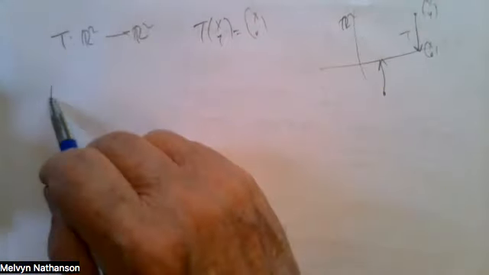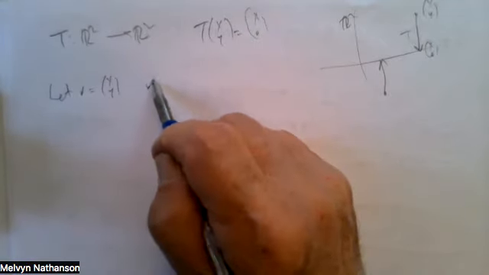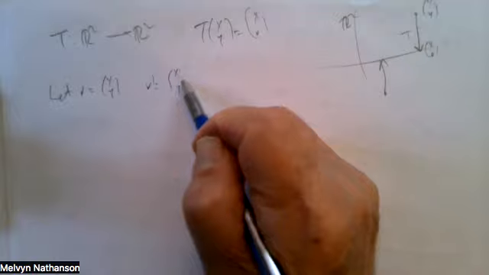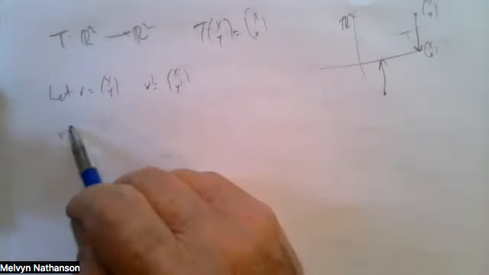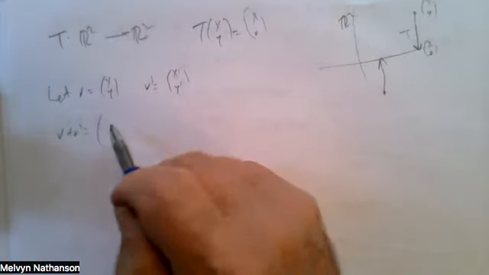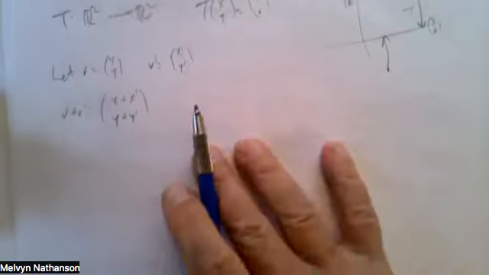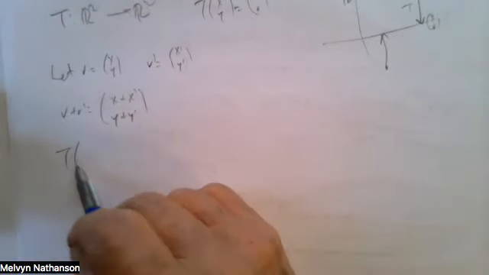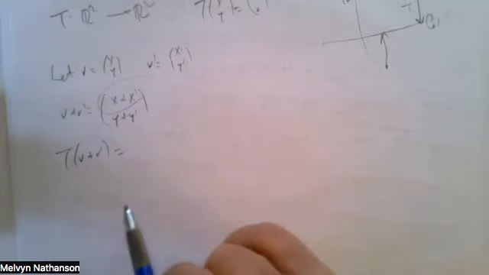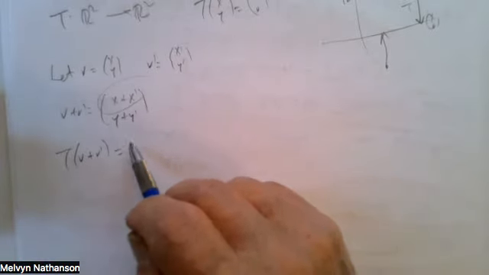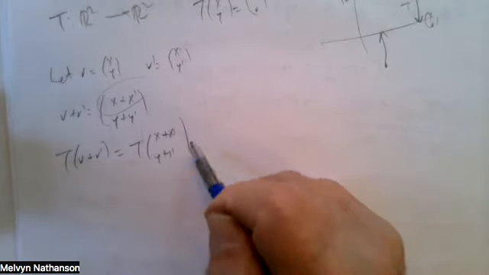Why is this linear? Suppose v is (x,y) and v prime is (x prime, y prime). Then v plus v prime, when you add them, you get (x plus x prime, y plus y prime). So T of v plus v prime is T of (x plus x prime, y plus y prime).